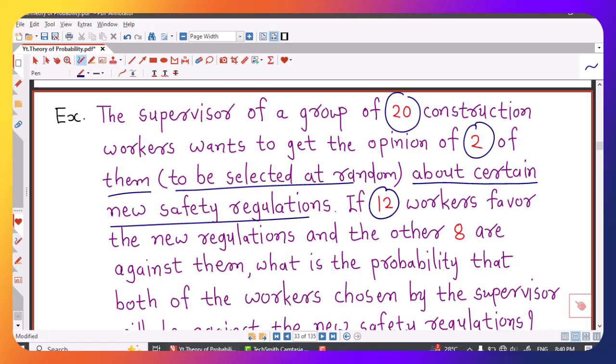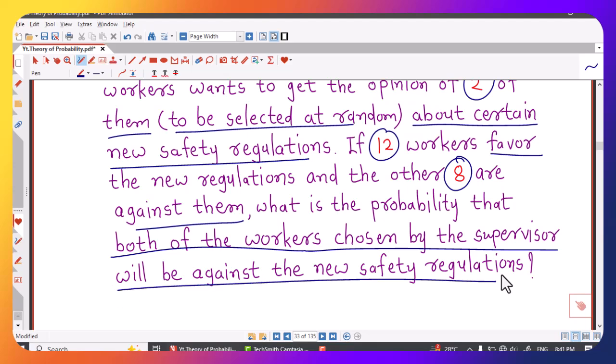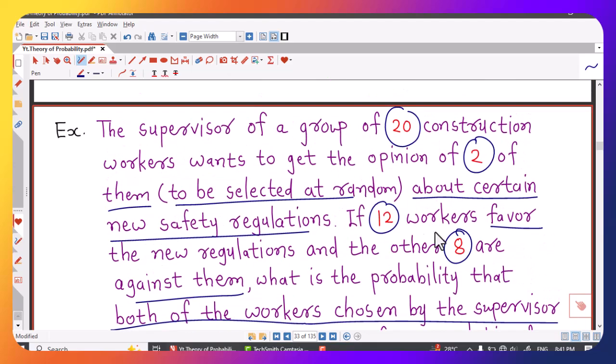If 12 workers favor the new regulations and 8 are against them, what is the probability that both of the workers chosen by the supervisor will be against the new safety regulations?